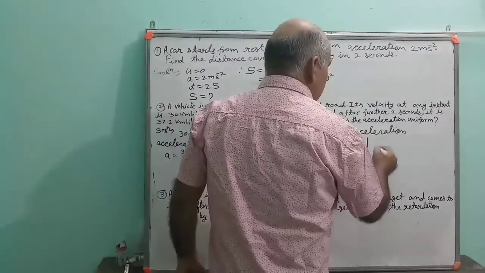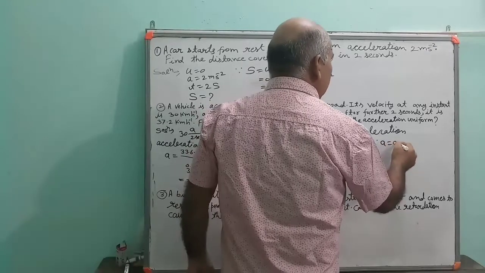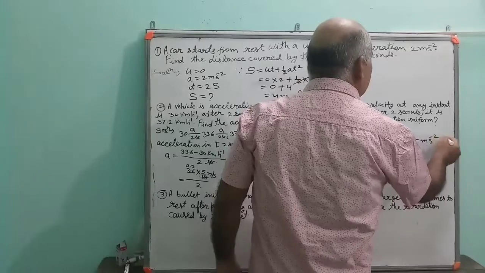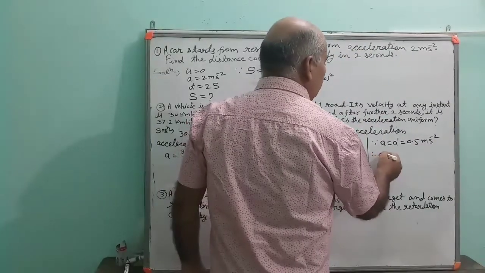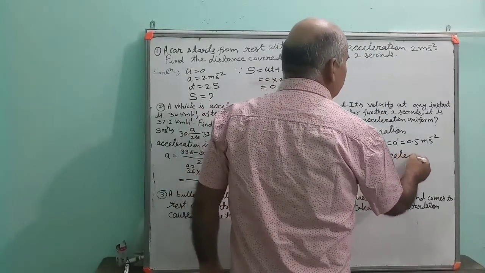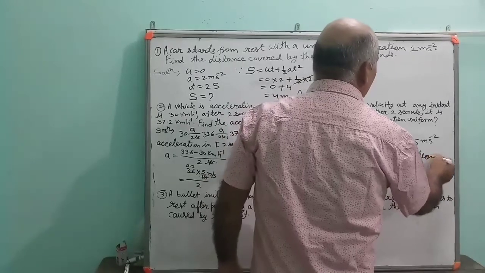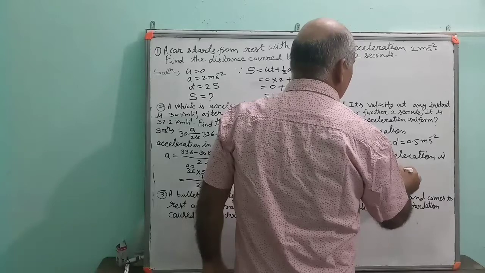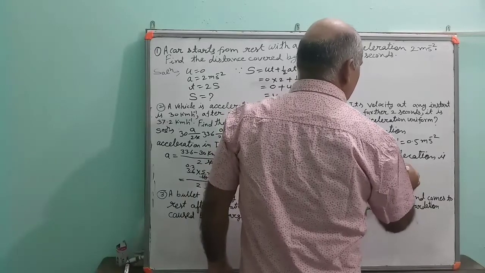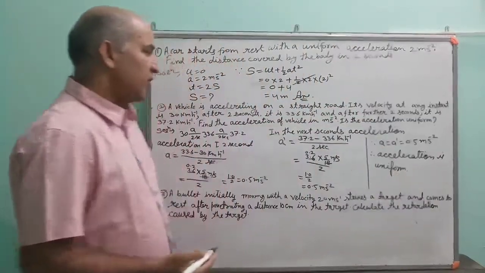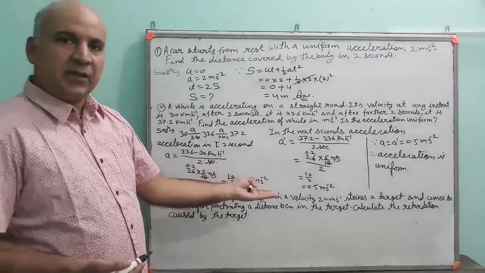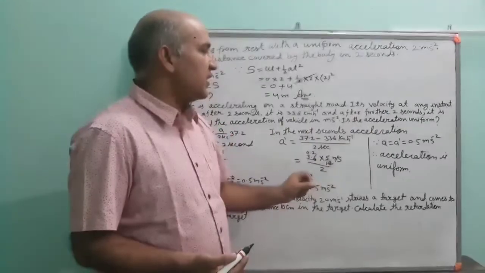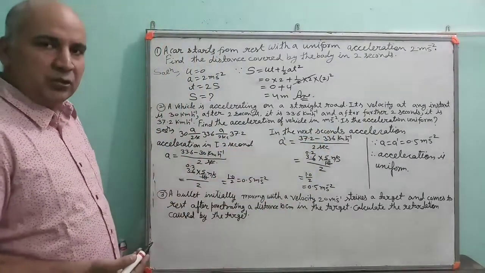Okay. Since both the accelerations are 0.5 meter per second square, therefore acceleration is uniform. Understood? Both the acceleration values are same. That means here the acceleration is 0.5 meter per second square and acceleration is uniform.